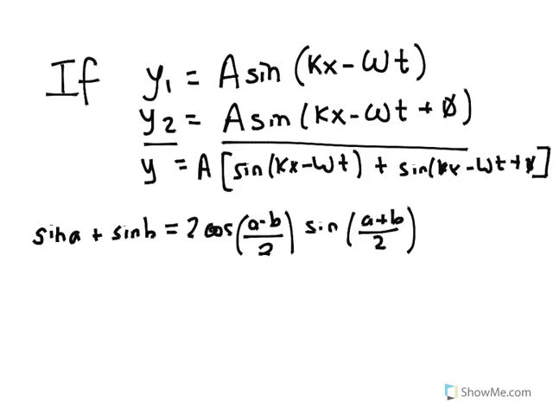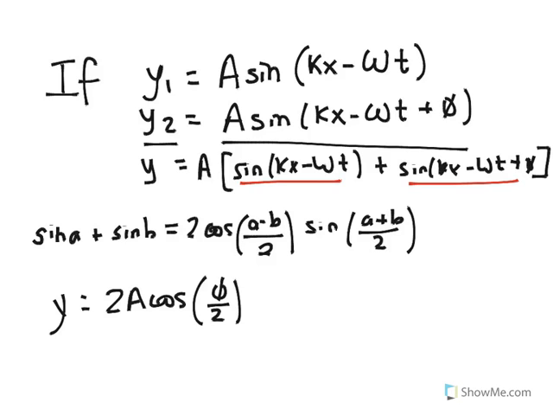Using a trigonometric expression which states that the sum of two sines can be written as 2 times the cosine of (a minus b) over 2 times the sine of (a plus b) over 2, we can state that the sum of these two sines is equal to a resulting wave of 2A cosine of phi halves times the sine of kx minus omega t plus half phi.